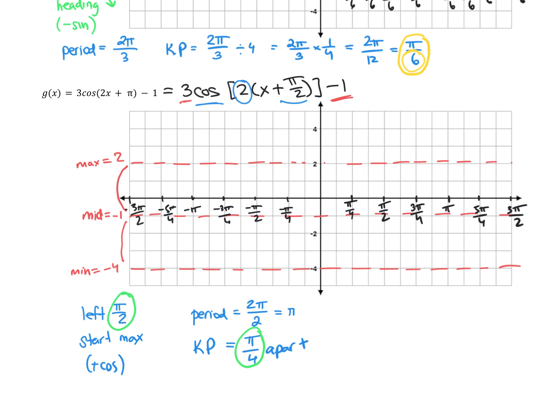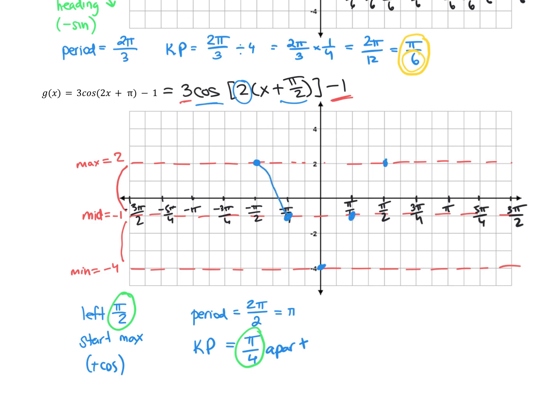And now we can go ahead and start graphing here. We're going to shift left pi over 2, and we're starting at the maximum. Here we are. And our key point is pi over 4. That's 2 sets of boxes for us. The only place we can go from here is down, down again. Every pi over 4. Now I'm going to go up, up.